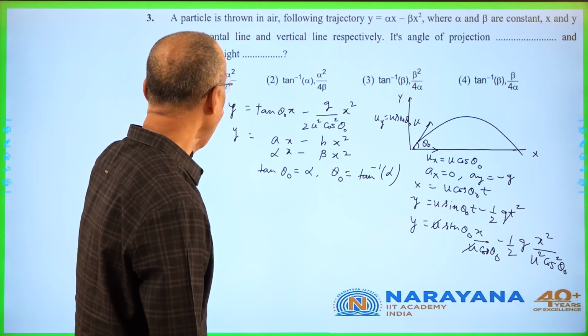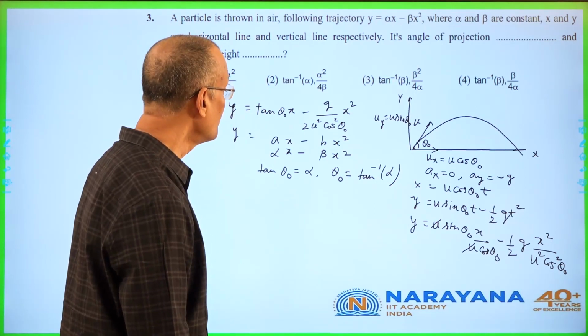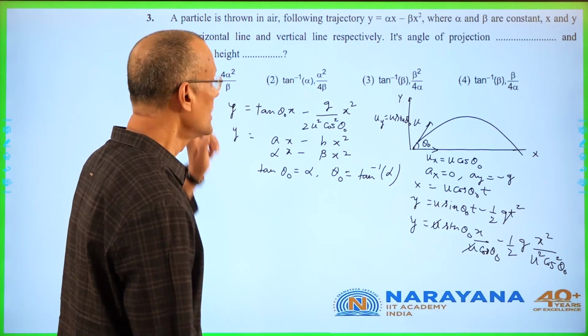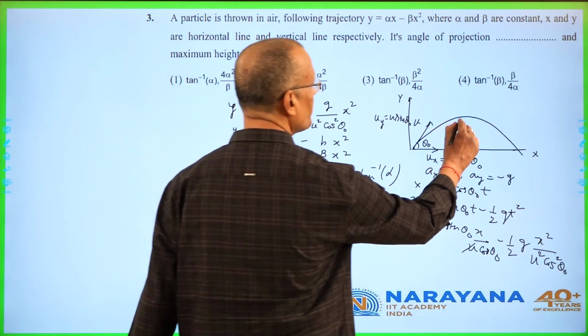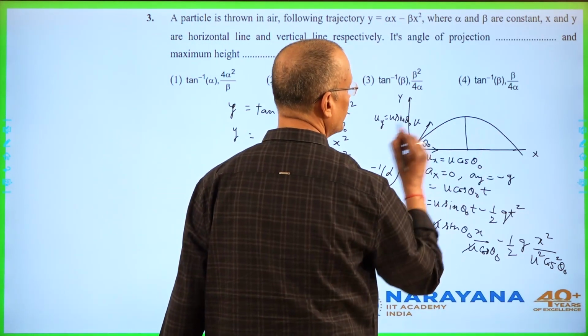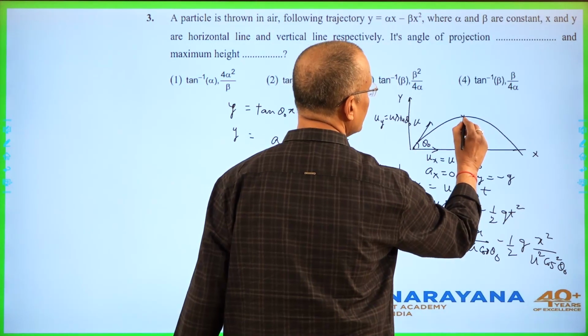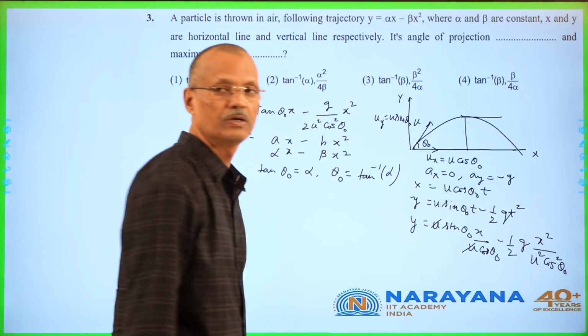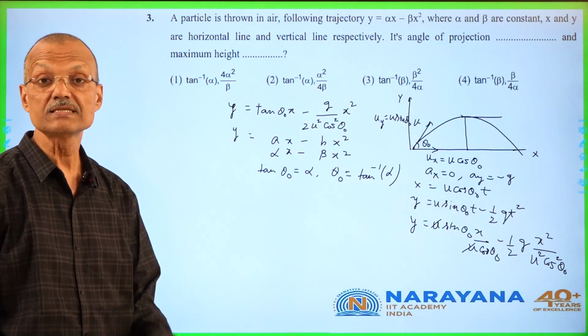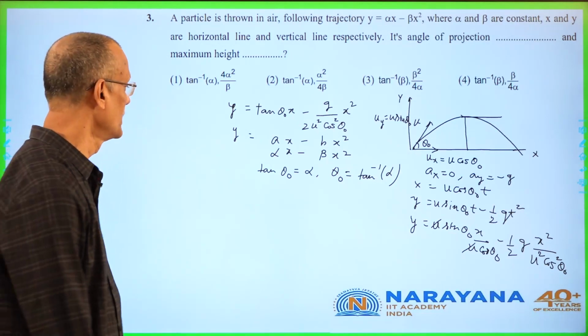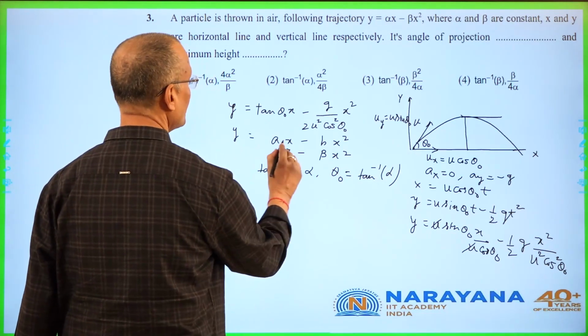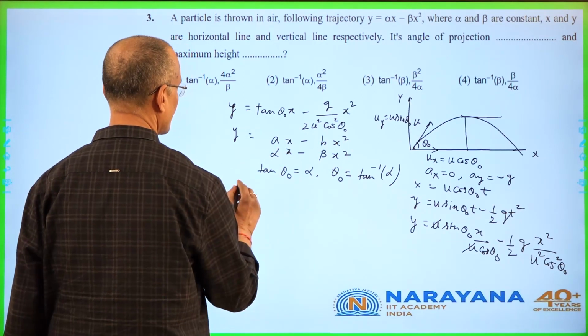So one may be right, two may be right, but we have to find out maximum height attained. This is maximum height. At this place, if you take slope, slope is 0, means dy by dx is 0. So this is y equal to ax minus bx squared.